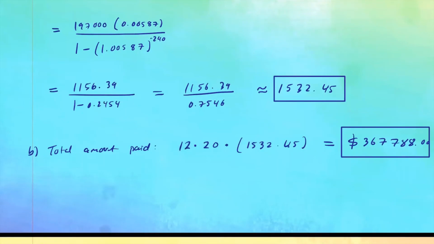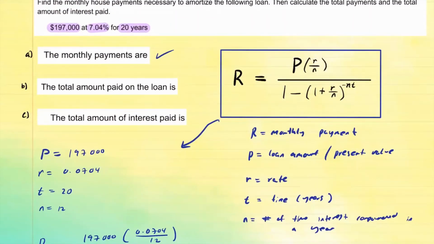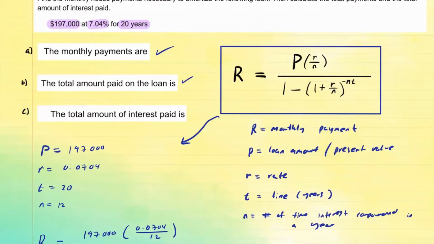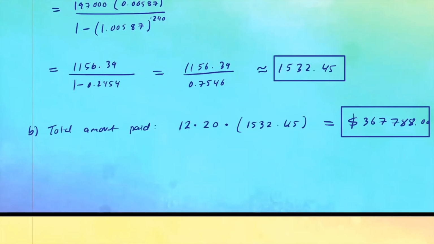Now for the last part, we want to know the total amount paid on interest. So we know we're paying this much for the entire 20 year period. So how much was paid on interest? Well, we take the total amount, that's 367,788.00.